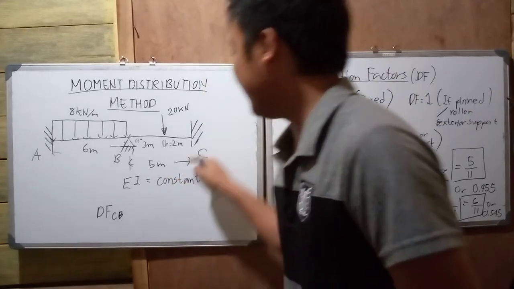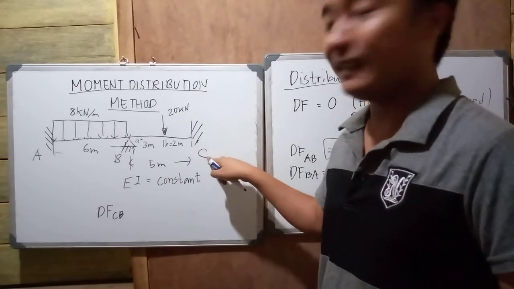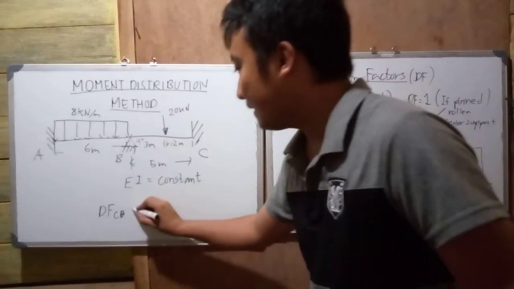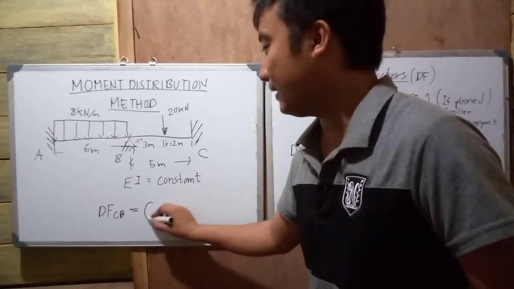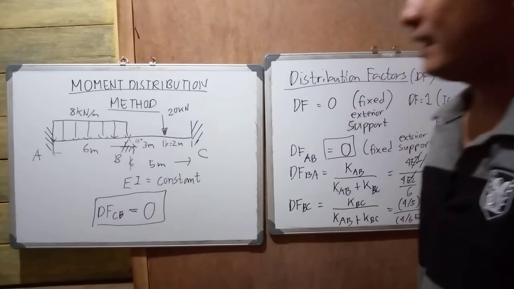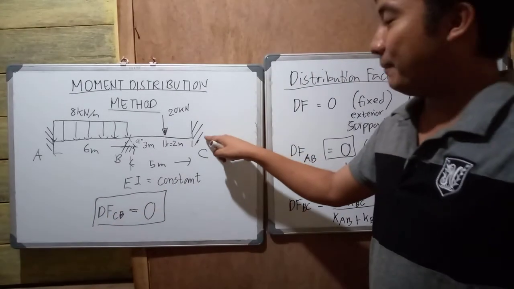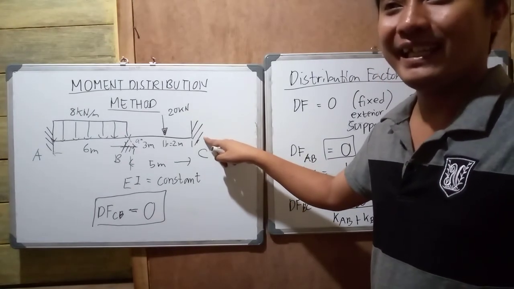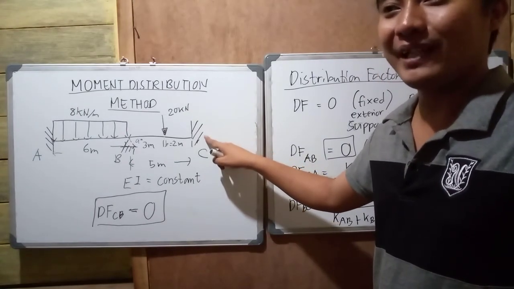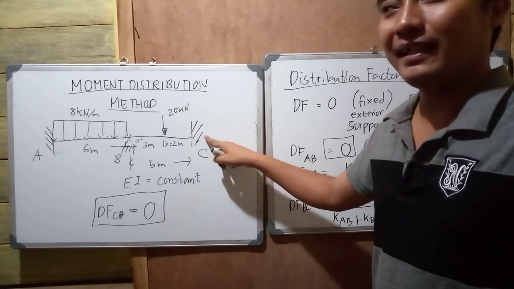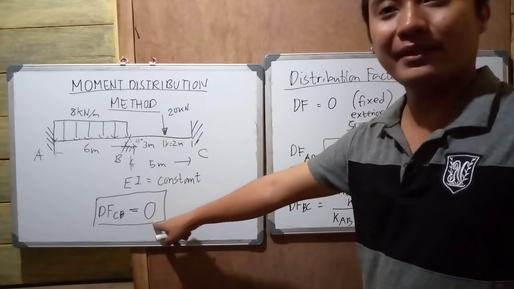So, si DFCB, kasi yung unahan niya is nasa exterior side, and then it is fixed, DFCB, so therefore, it is 0. Okay? So, actually, meron ding value ng K, C, A, and C, kaya lang infinity. Infinity yung K nila. So, therefore, magiging 0 din to.